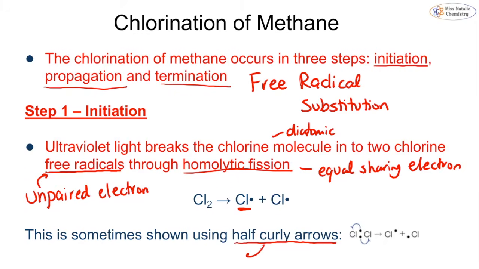And when we have a half curly arrow, this shows the movement of a single electron. So that we have 1 electron moving from this bond here to each individual chlorine to make my 2 radicals. So that's the initiation step.